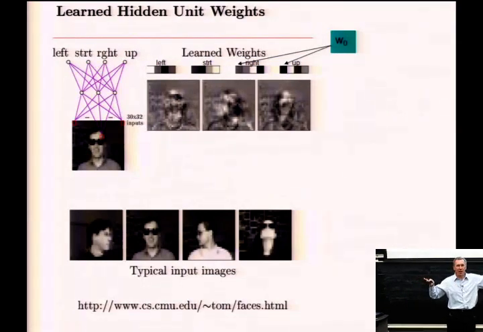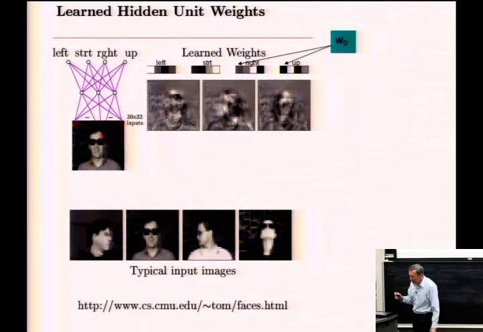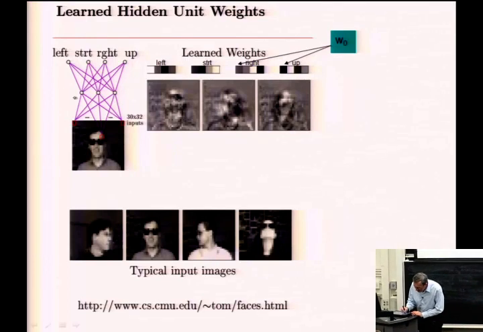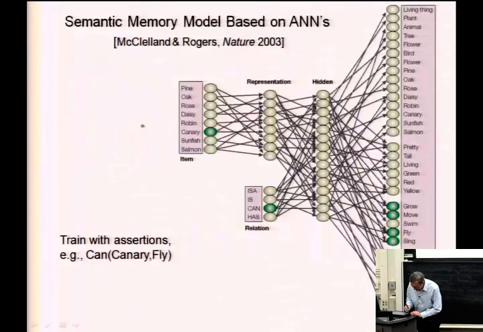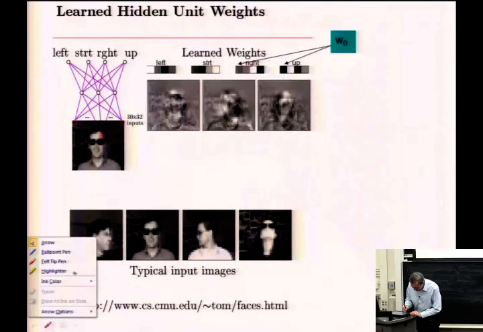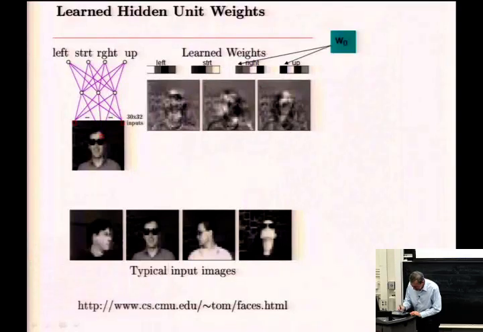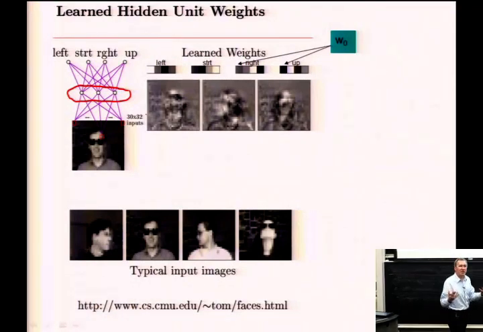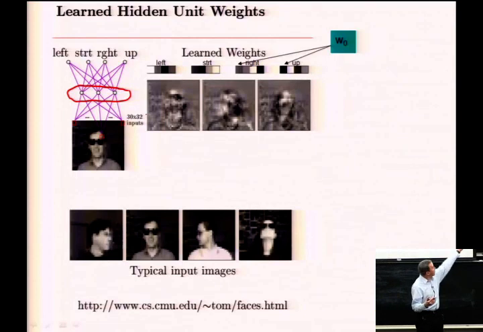And interestingly, if you think about it, this input image, which is 30 by 32, so it has 900 features, once this network is trained, it has found a way to re-represent that 30 times 32, 900 pixel input in terms of just 3 numbers.